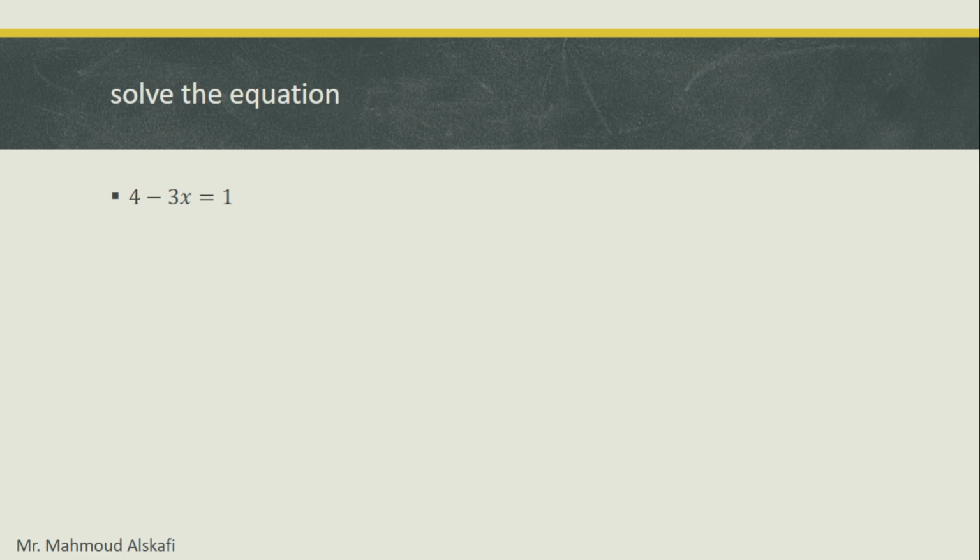Now we have a minus coefficient. Now you can solve it as the book said, plus 3x, plus 3x, because we need a positive coefficient. But for me, it's better to solve it from the beginning. Minus 4 for both sides.